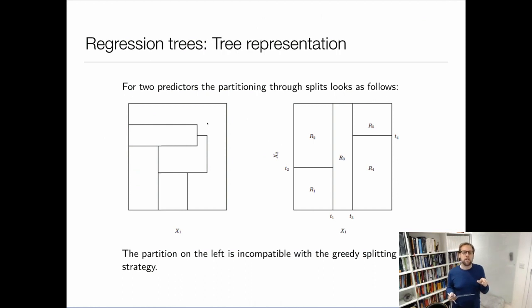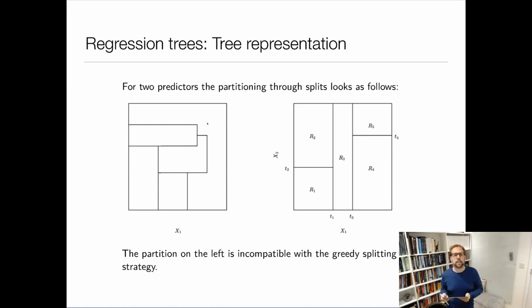The procedure is exactly the same. I can ask what is the best split in this direction, but I could also ask what is the best split in the other direction. I can compare them for all predictor variables and then choose the best one. What is the best split amongst all possible best splits for all predictors? And this is the one I choose.